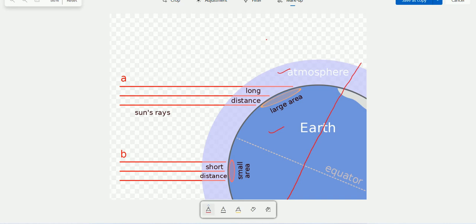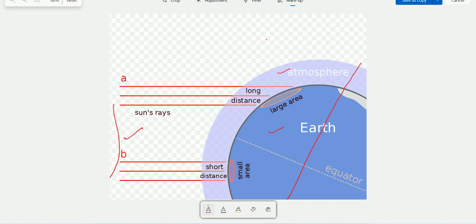Because of this inclination, let us say here we have the sun.